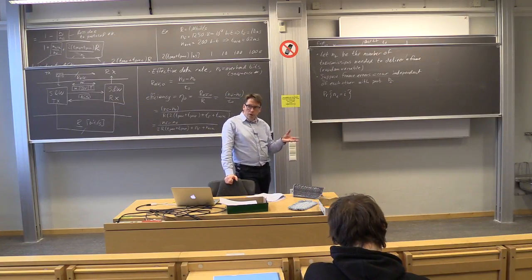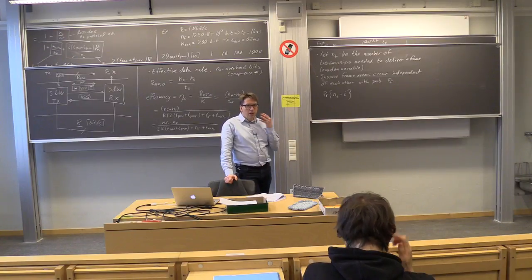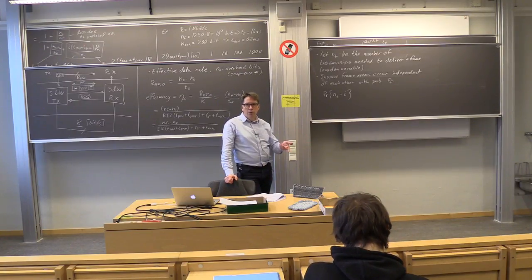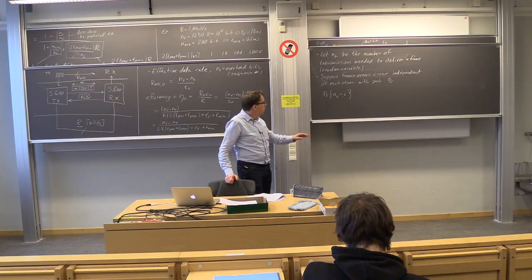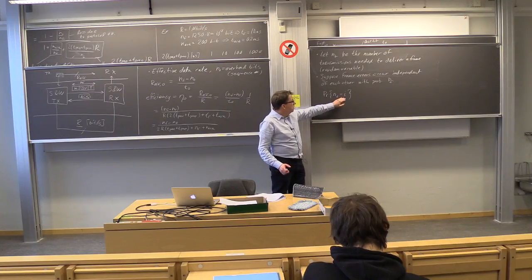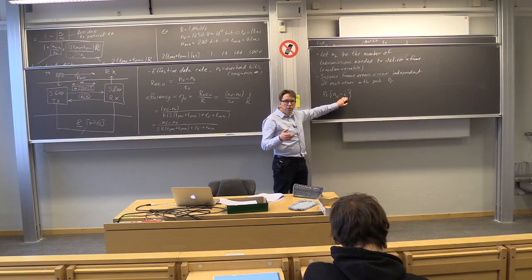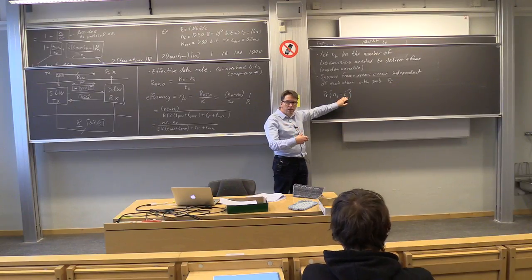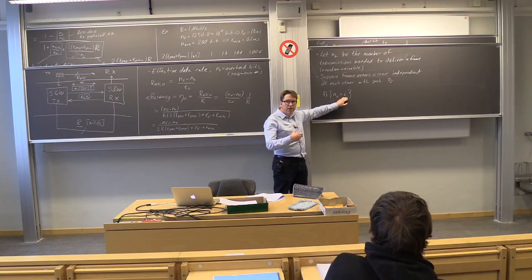Okay, so how are we gonna do this? Well, we see that each time we try, we have a probability of PF of a failure. If we want to calculate the probability that NT is equal to I, this means that we have tried I minus 1 times and failed at all those times, and the last time we were successful.